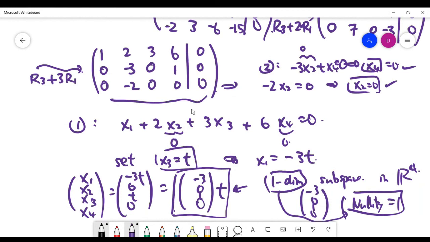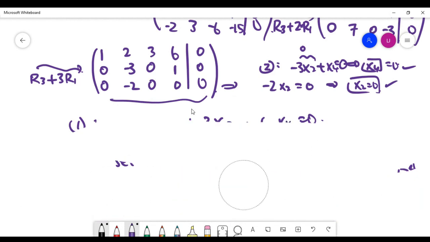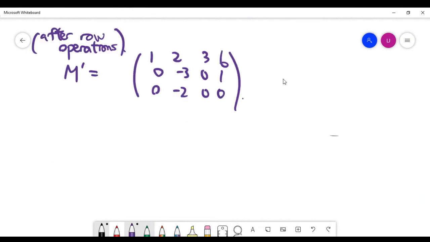And let's look at the rank of the matrix. For the rank, of course, we can look at the row space now. Because we have done the row operations already, we can single this matrix out. So can you tell me something about the row space of this matrix?